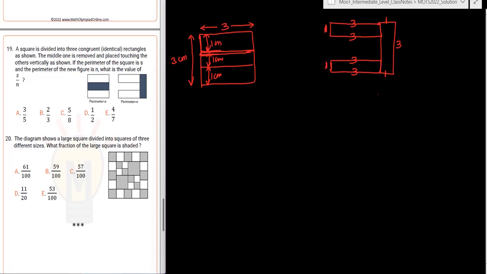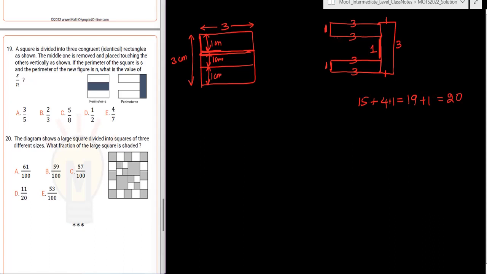There are 5 3s, so that will be 15. Plus there are 4 1s, that will be 4, total is 19. Right? Did I miss anything? Yes. What about this portion here? That is also going to be 1. So I have to add that. That's going to give me 20.